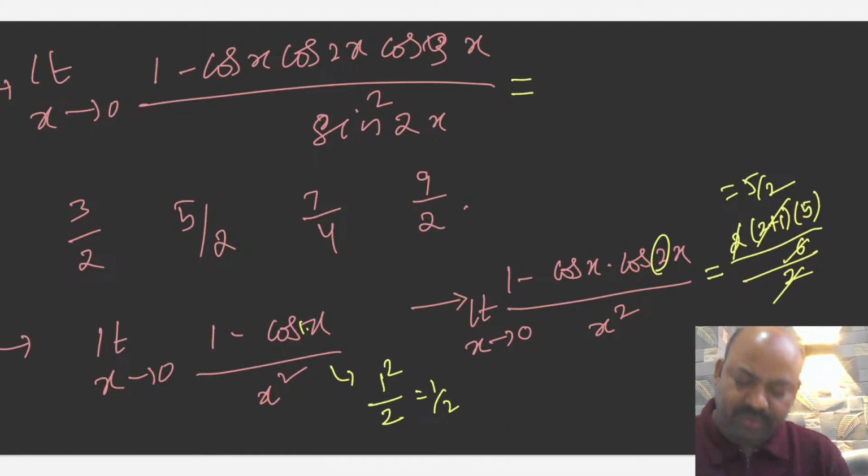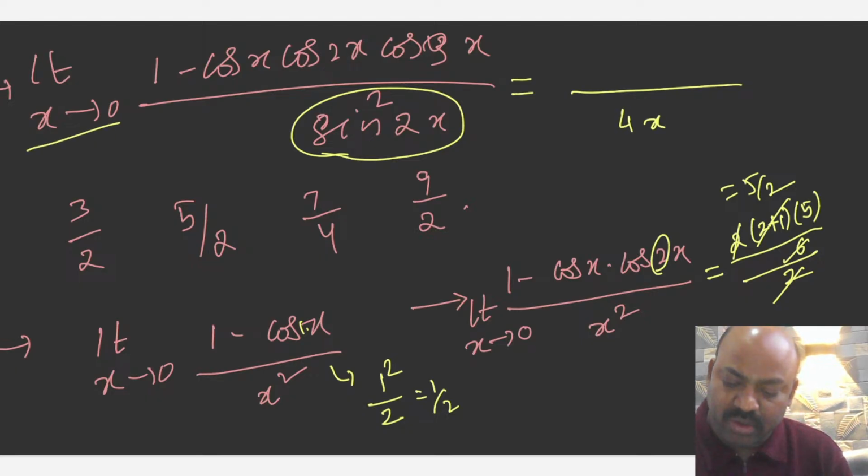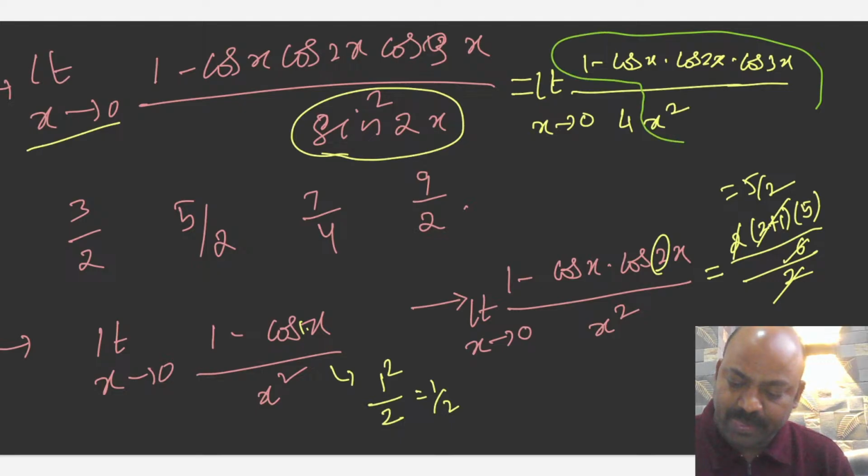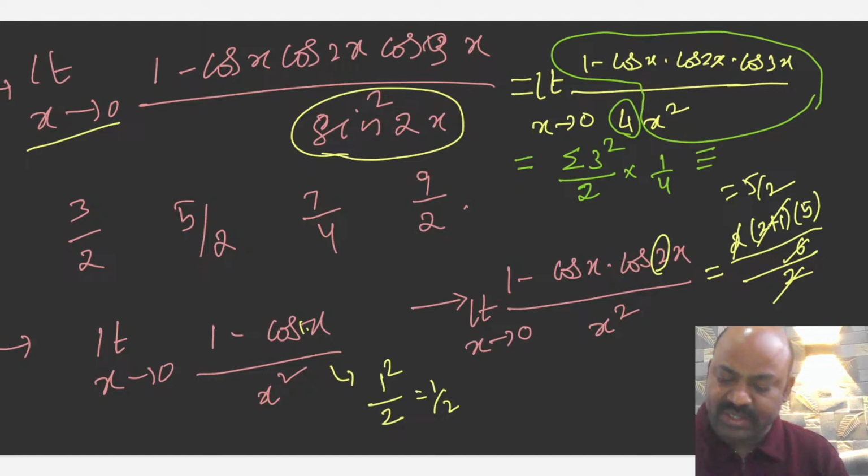What about our question now? Here you can observe, you don't have x square. In the standard limiting case, that will become 4x square, and this will remain as it is. You will get it in the end. So consider this now. It's nothing but sigma 3 square by 2 into, again you have here 1 by 4. Don't forget that. So final answer, how much are you getting? Sigma 3 square means 3, 4, 7 by 2, 4.